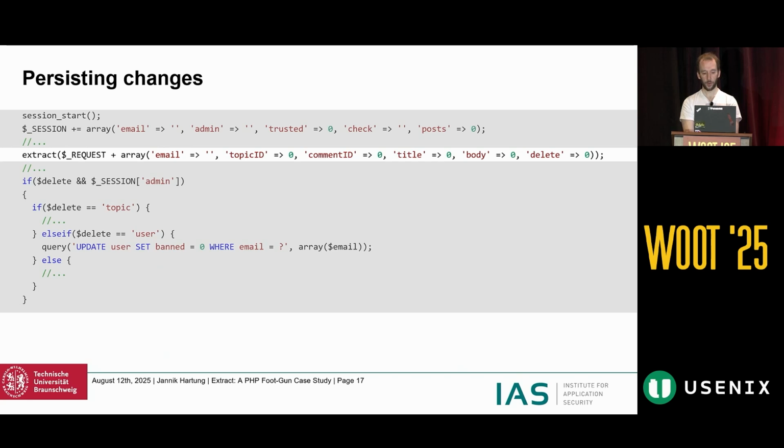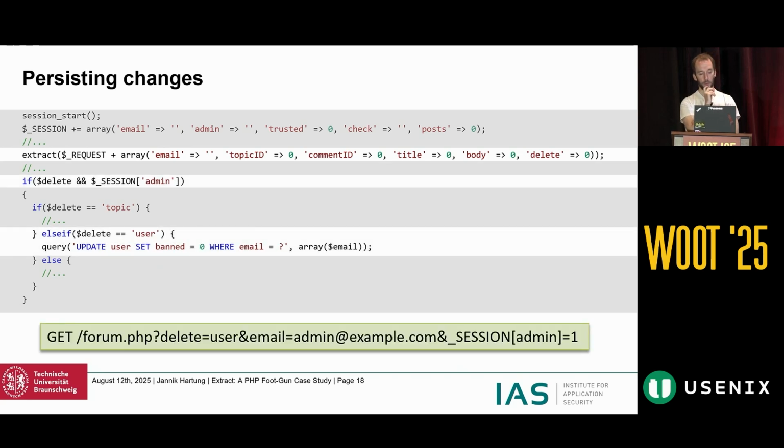But if we look below, the session is checked for if we are an admin or not. So now we can add a request at the bottom where we just change the session and replace the whole session object with an array containing admin equals 1. So this check would pass, and we achieved privilege escalation in our exploit. And now we can reach the paths below and, again, delete users.